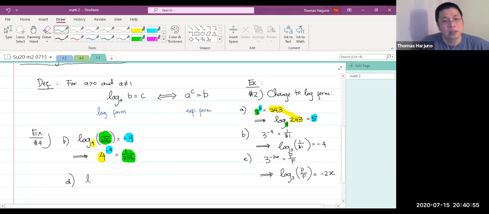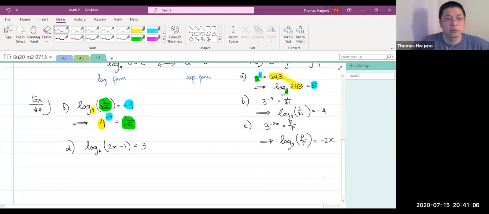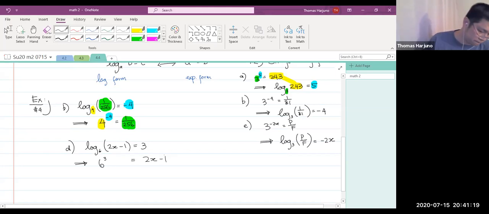Log base 6 of 2x minus 1 equals 3. So the exponential form will be the base to the exponent equals the argument. Now how to solve that is another story; we'll worry about that later.